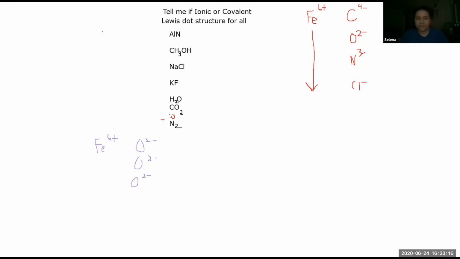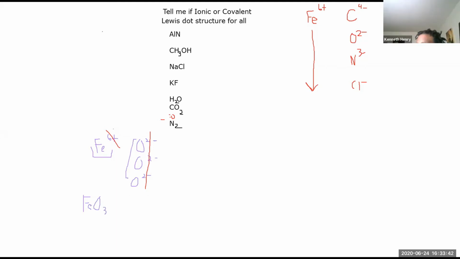Since you have a 6+ and a 6-, this charge cancels out and all these 3 charges cancel out. And all you have to do is write down what you are left with. So you only have one Fe right here, so you would just write Fe. And then you have your 3 oxygens right here, so you would just write O3. And that's it, basically. Sounds good. Anybody disagree? Everybody agree? Yes.